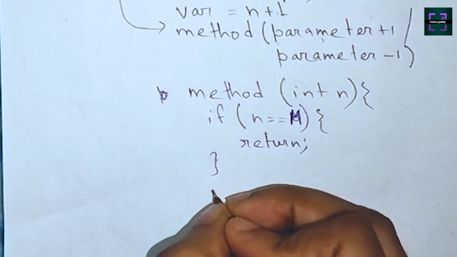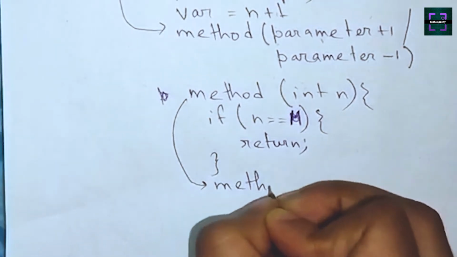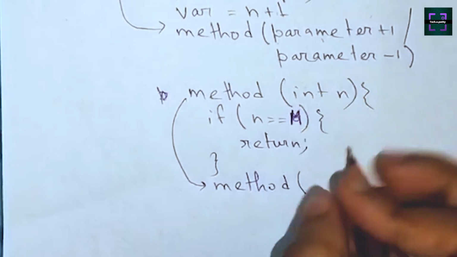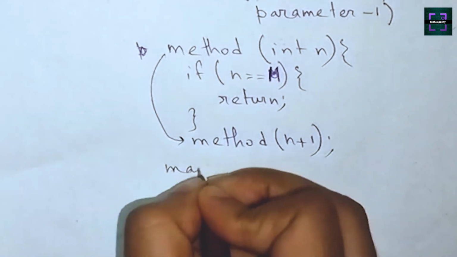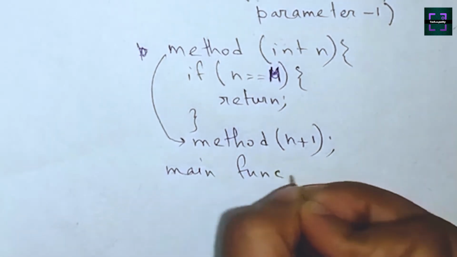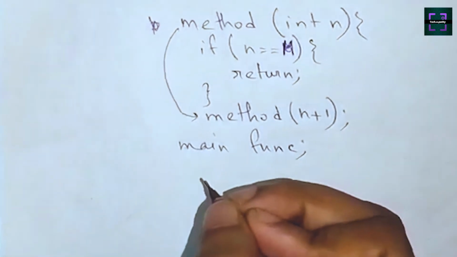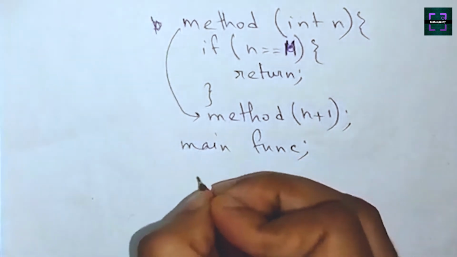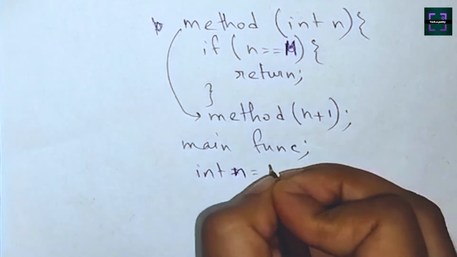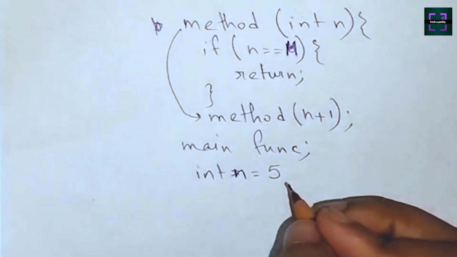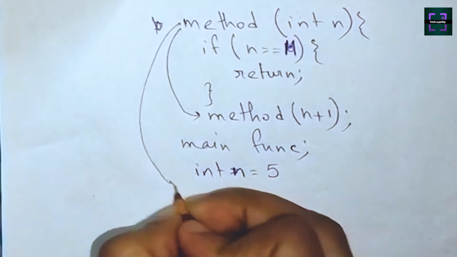And then we will call this method again, and we will print it for n plus 1. Okay, so in the main function we will simply give the integer value, the n. So suppose int n equals 5, and we will call this method inside the main function.